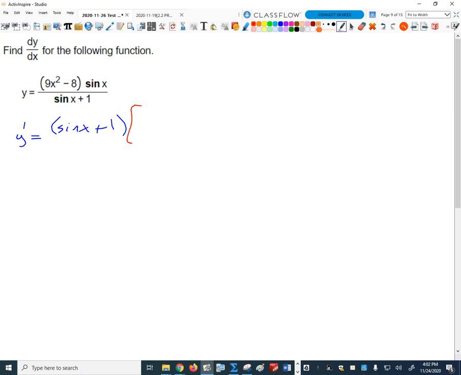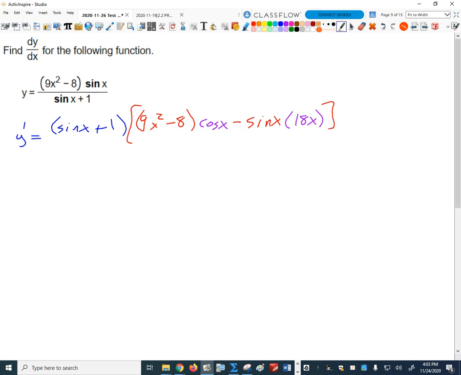So we're going to do the first factor times the derivative of the second, which is going to give me a cosine x, minus the second times the derivative of the first factor, which is going to be just 18x. And all of that stuff is my derivative of the top, right?